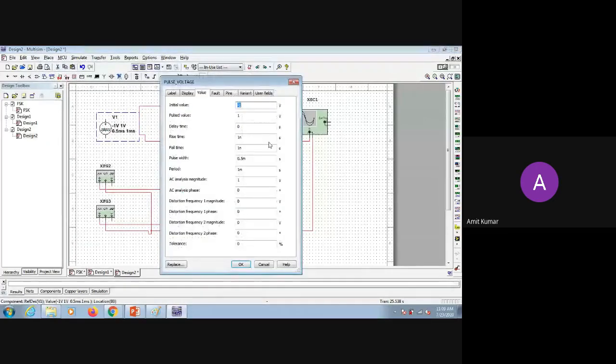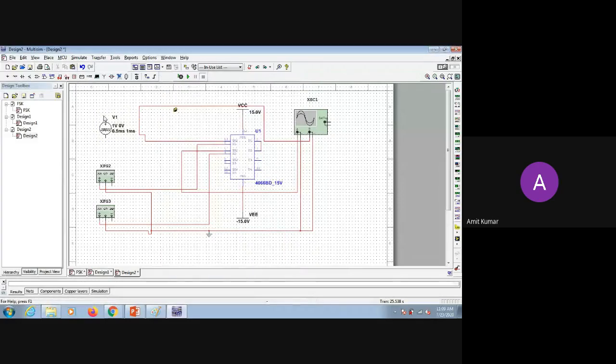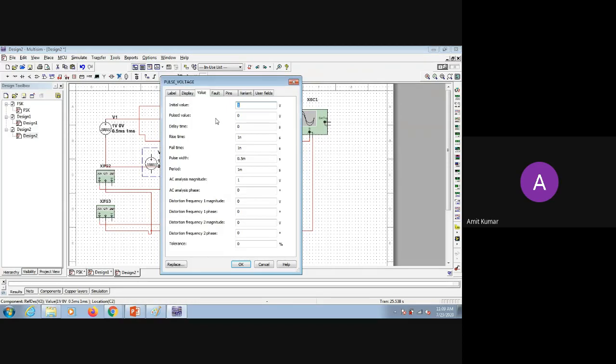So first we will replace by 10, and second we will replace by 0. So both will be inverted data.